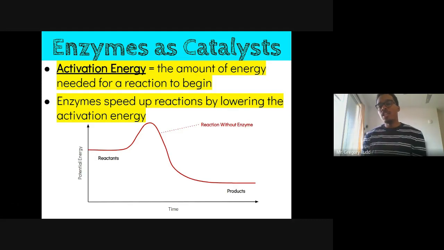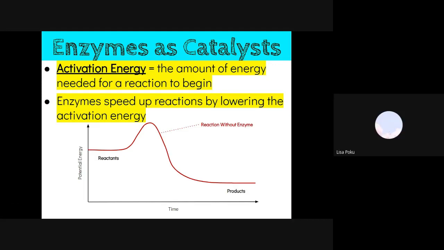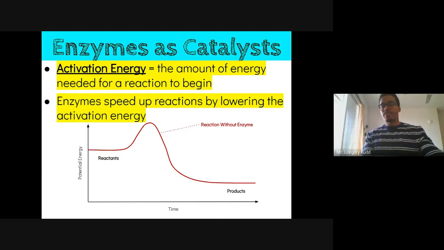Do you all have a prediction about what might happen when we throw an enzyme into the mix? What would a curve or a graph with an enzyme look like? Any ideas? Maybe we'll go up. Okay, so thank you, Lisa.